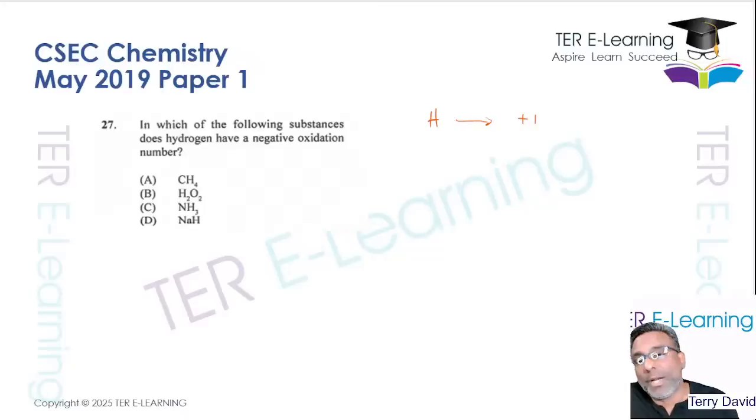However, one of the rules we had to learn is that hydrogen only has oxidation state +1 except in a compound called a hydride, where it is -1. So in terms of hydrides here, D is the only one that's a hydride. You have to learn this. NaH is sodium hydride and the hydrogen has an oxidation state of -1. So that's 27.